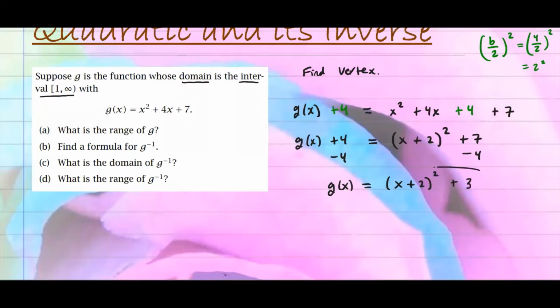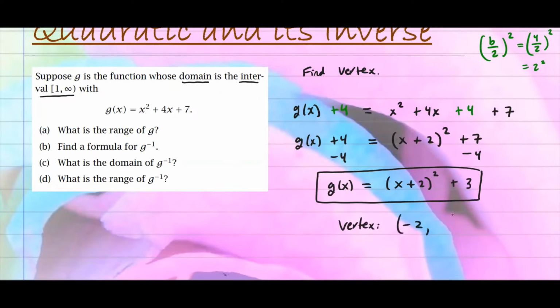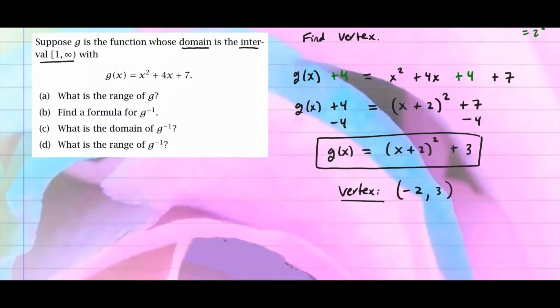That will be our g of x in standard form, or a times x minus h squared plus k form. From here, we know the vertex of this function is (-2, 3). That's the x coordinate, and the y coordinate is 3. So that's the vertex.